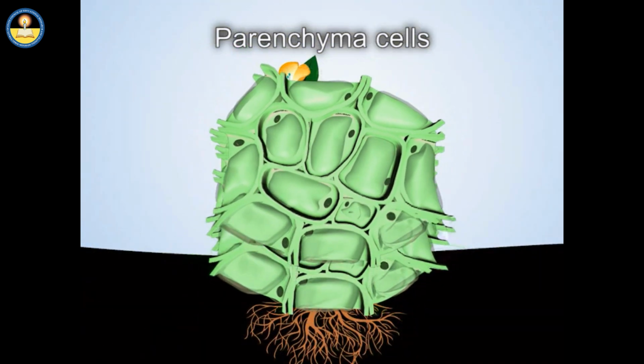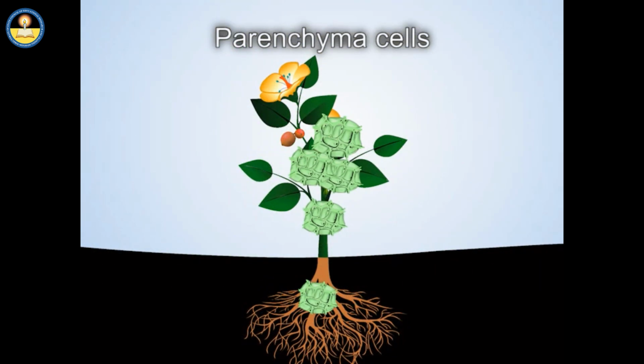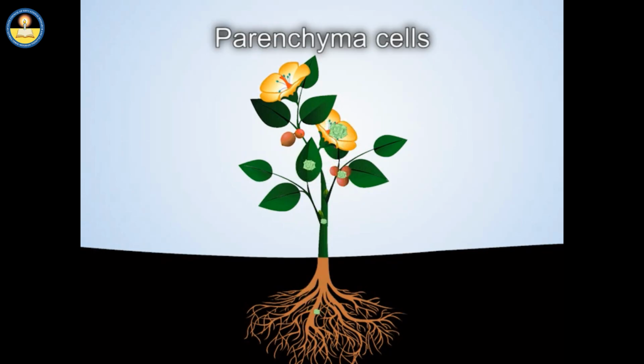They are widely distributed in several organs of the plant body such as stem, roots, leaves, flowers, and fruits. These cells form the most common and versatile ground tissue.